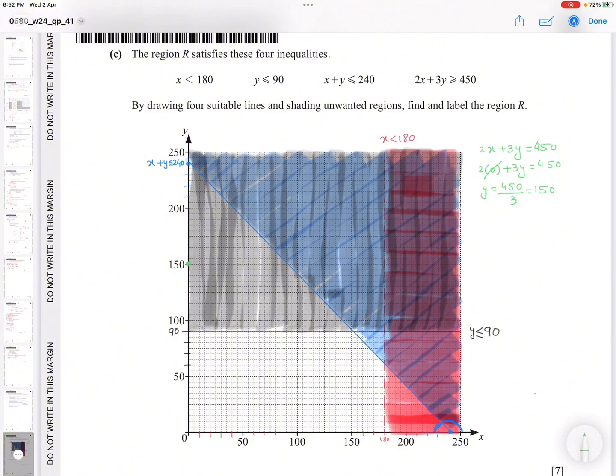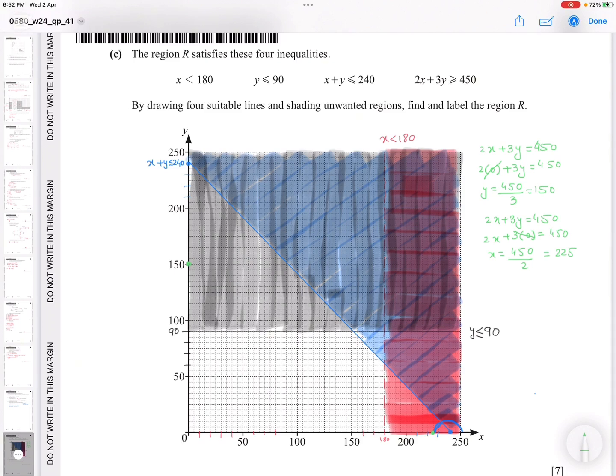Secondly, again 2x plus 3y equals 450, and now I'm going to place 0 in y. 2x plus 3 times 0 equals 450. So my x would be equal to 450 divided by 2, which gives me 225. So see where 225 comes on the x-axis. 200, 210, 220.